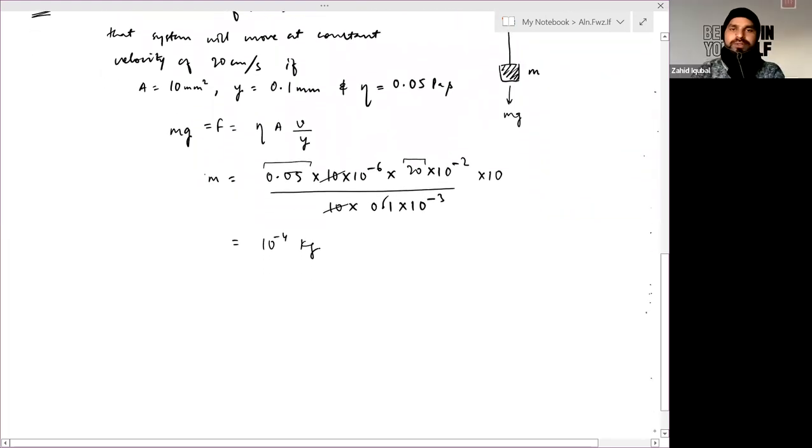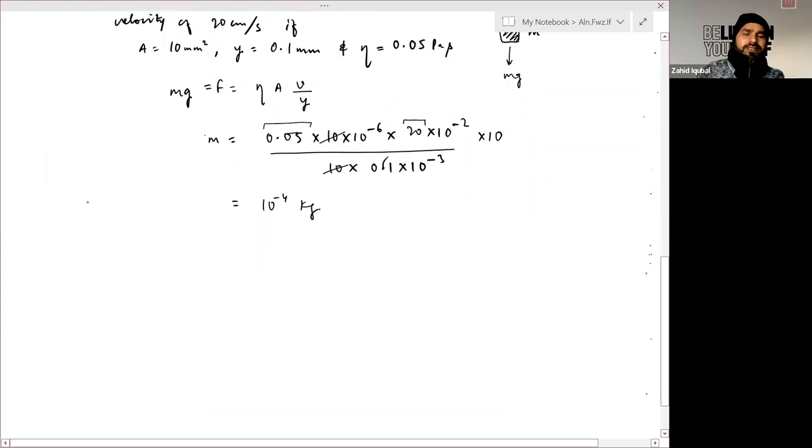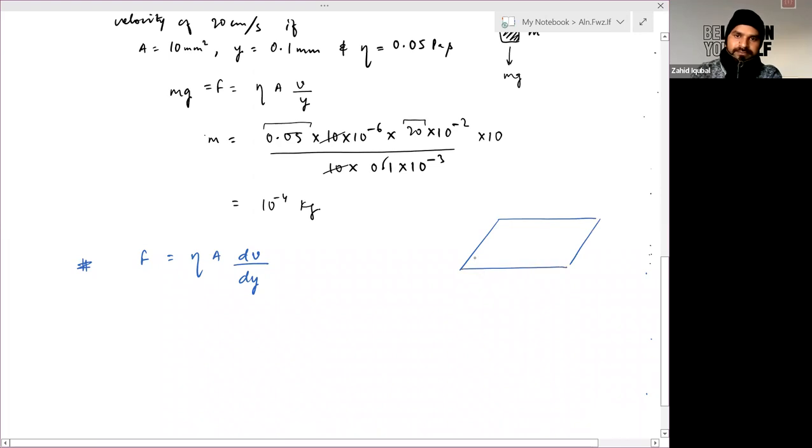Now, using this concept of viscosity, there will be a question on the basis of the coefficient of viscosity eta. According to the formula, F equals eta A dV by dy. Just see this particular layer on which force is acting.